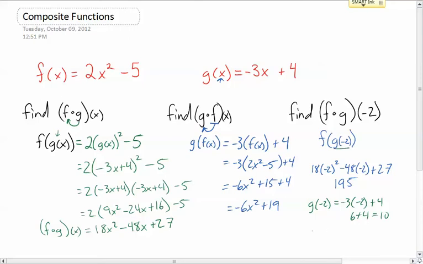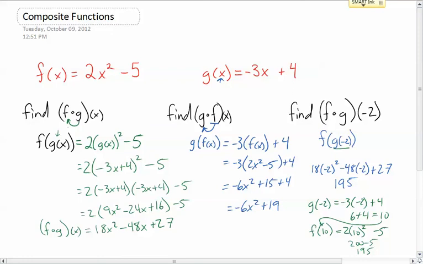So we would say f of 10, so I'm putting that in for the x now, equals 2 times 10 squared minus 5. That would be 2 times 100, so 200 minus 5, which again gives us the same thing, as long as we use this equation right here.